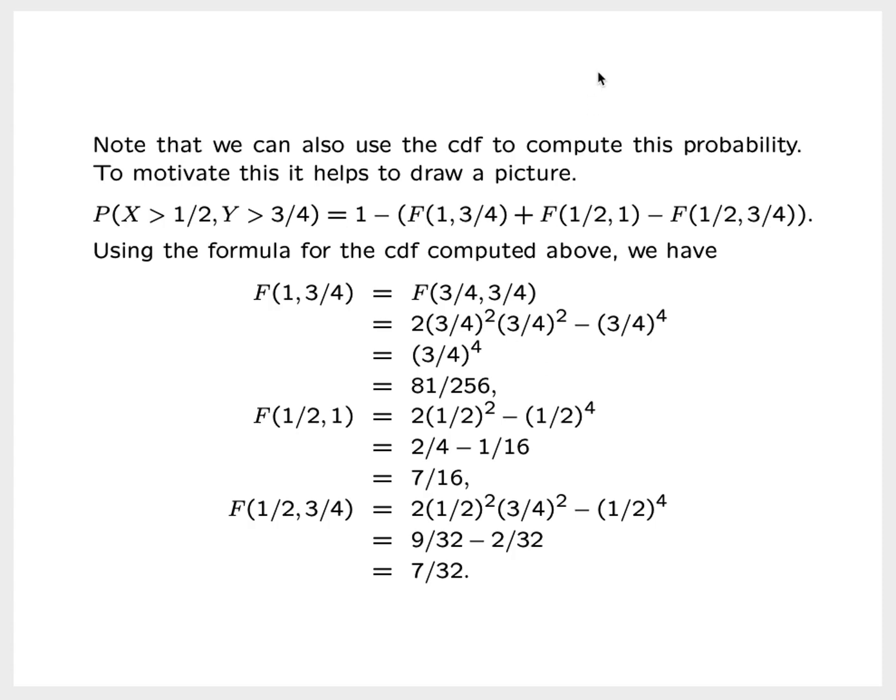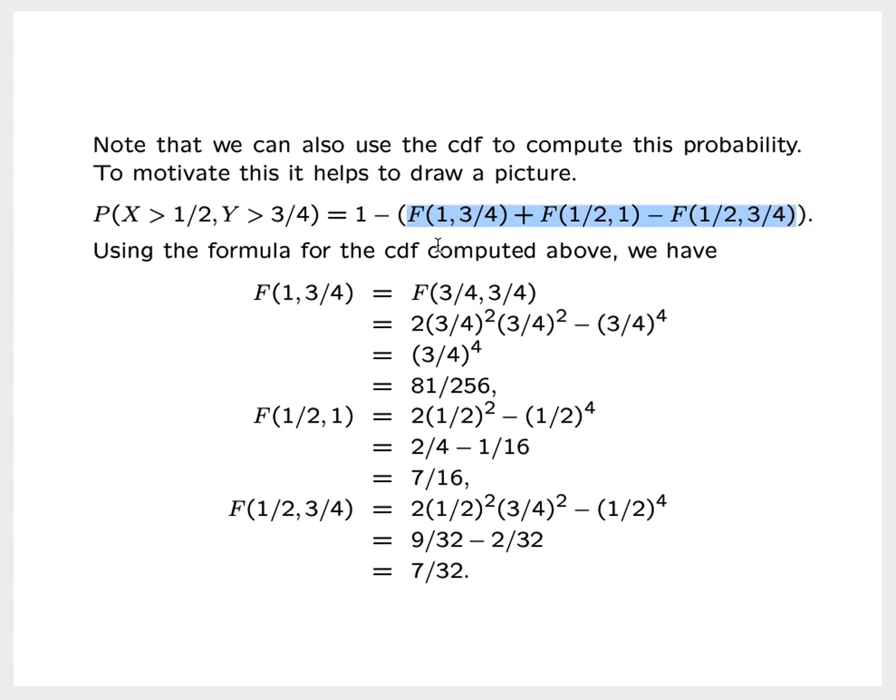Now, we can also use the CDF to compute this probability, similar to how we did it in the previous lecture video. In this case, the probability that x is greater than 1/2 and y is greater than 3/4 is given by 1 minus the sum of this expression here.